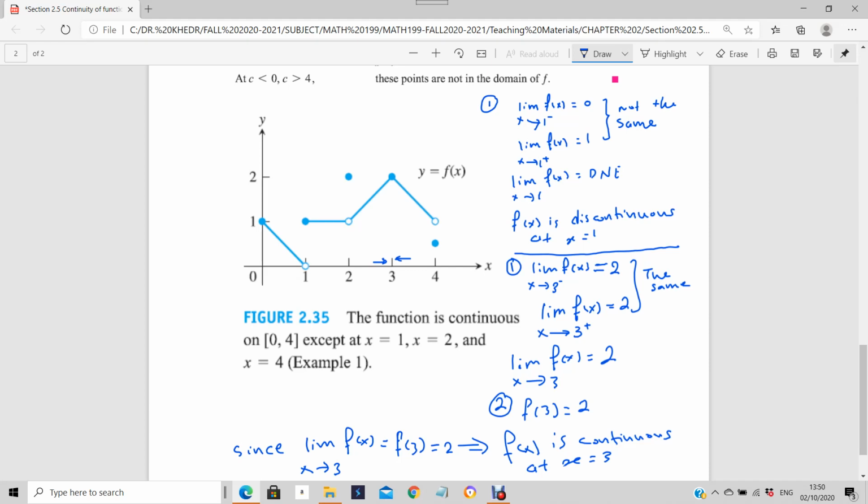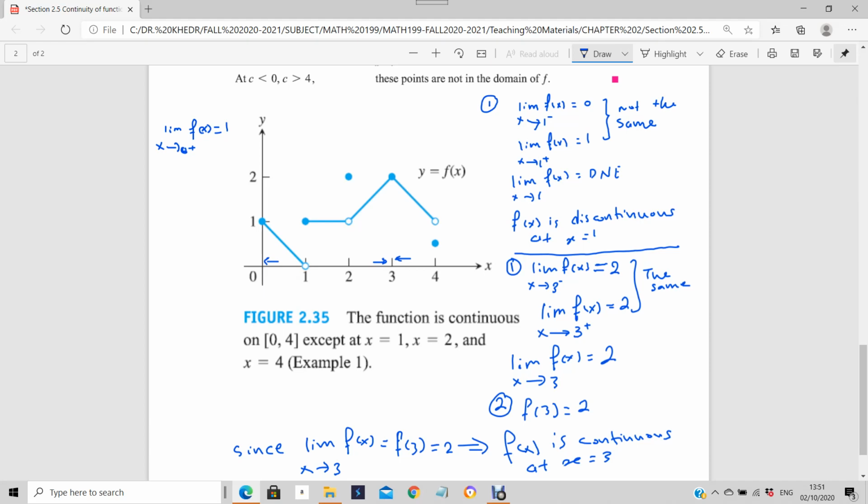So the right side limit here, let me write here, the limit of f of x as x goes to 0 from right side equals 1. Because as you approach x from right, you have to follow this line. So when x is very close to 0, the value of the function is very close to 1. So this is the limit of the function from the right side of 0.